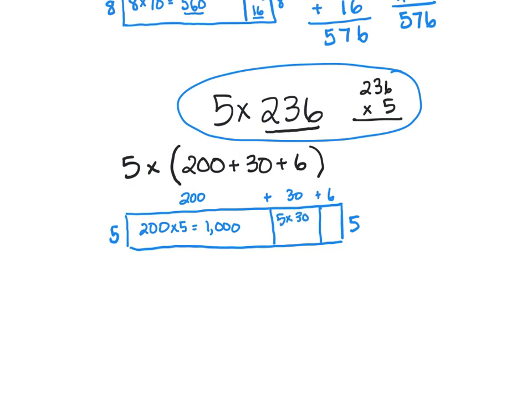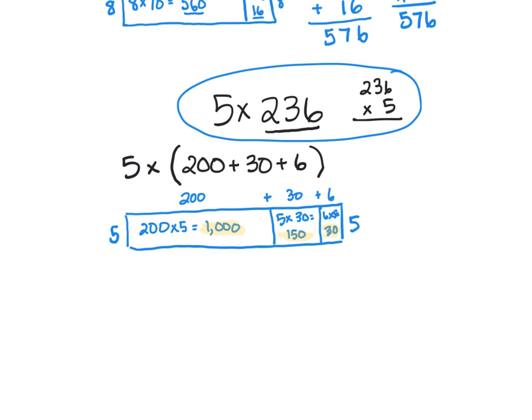So 5 times 3 is 15. 15 times 10 is going to give me 150. And then my final 6 times 5 is going to equal 30. So now I have my partial products for this problem. It's not my final. It's all the parts.